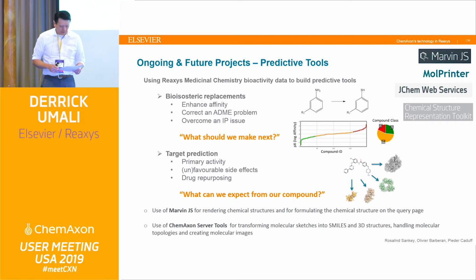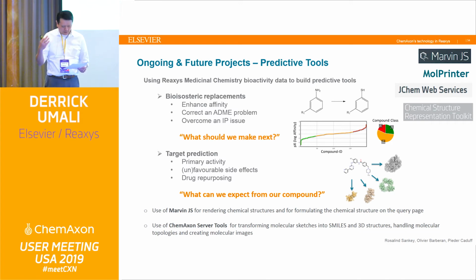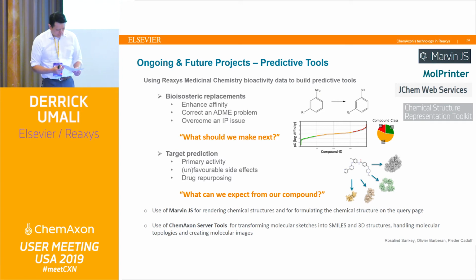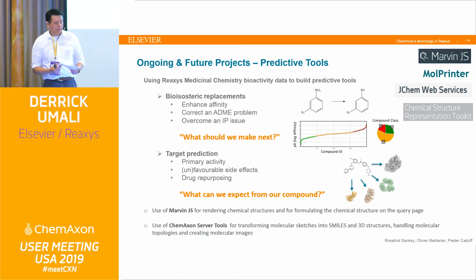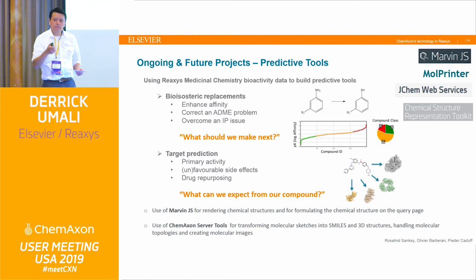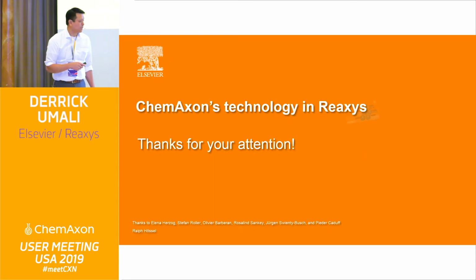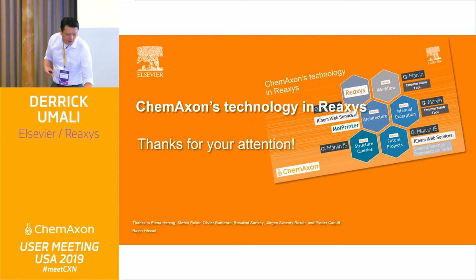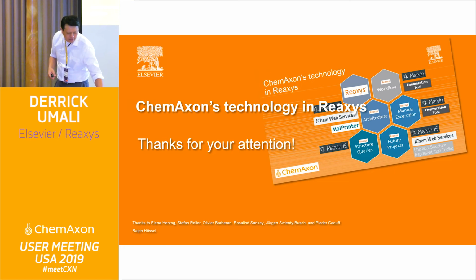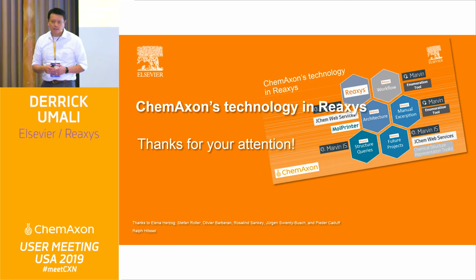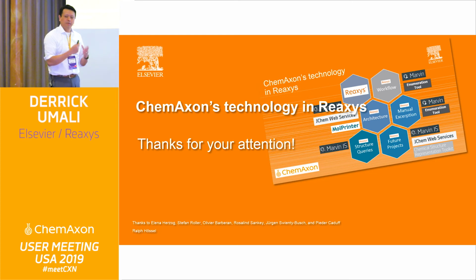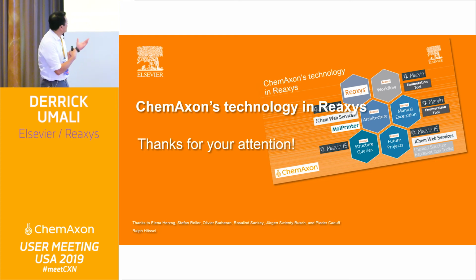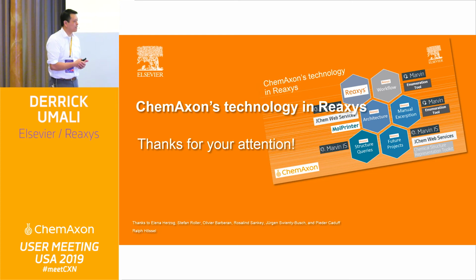These are ChemAxon tools to help with some of the future functionality that we hope to incorporate into Reaxys. So with that, I thank you for your attention on how we're using ChemAxon tools in Reaxys, and for taking a bit of your time to hear how I use Marvin Sketch to teach end users to use Reaxys.